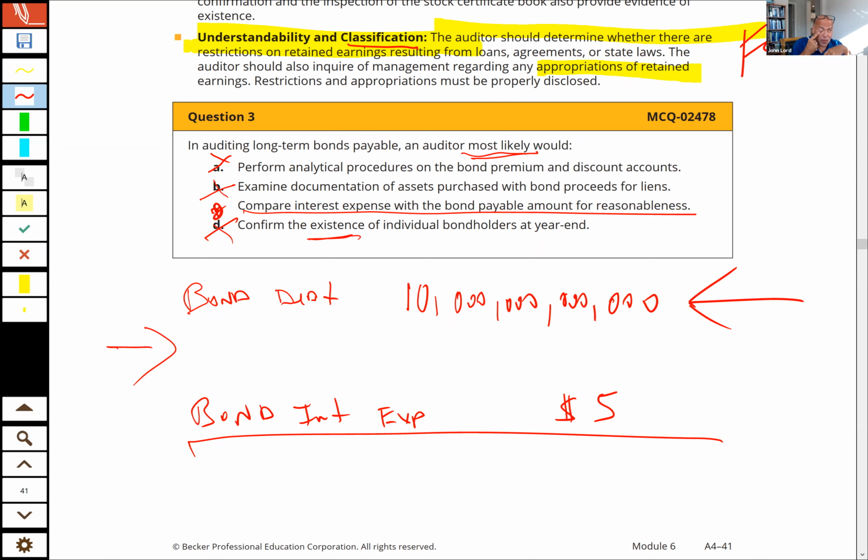But even that, if I was following up on your audit and you told me the only procedure we did, John, was we confirmed the existence of debt holders, and that's all we did over the bond payable, I'd say, well, guess what? You didn't do enough work over bond payable. Go back and do another procedure, something like this, or look for a subsequent year-end disbursement and take it back to the actual bond payable amounts, etc.